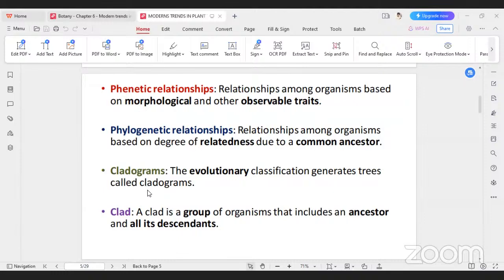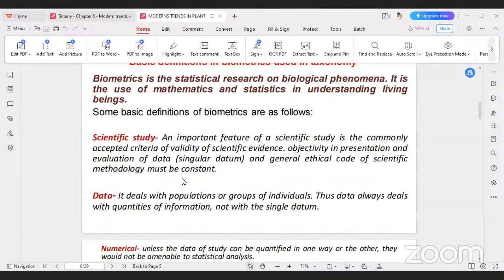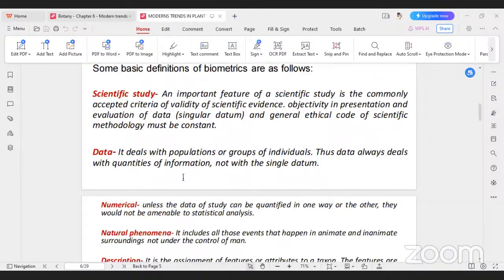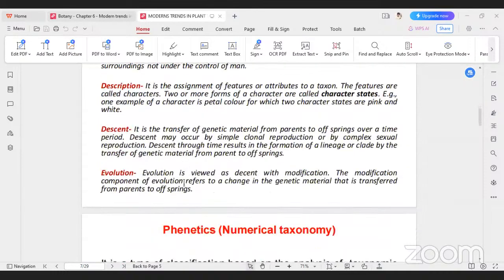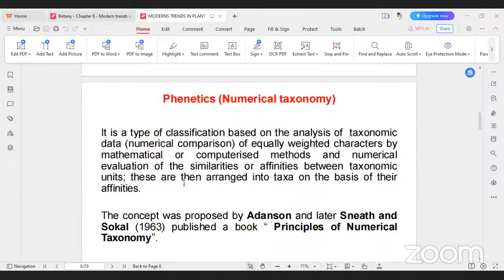Next one. Basic common definition: scientific study of data, numerical phenomena, descent, evolution, and next, numerical taxonomy. Now in brief, this type of classification is based on analysis of taxonomic data.